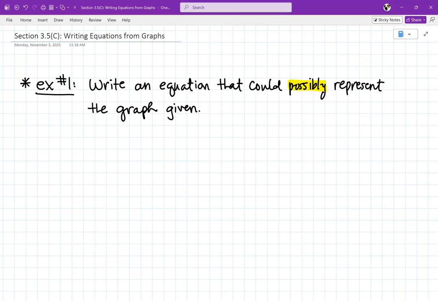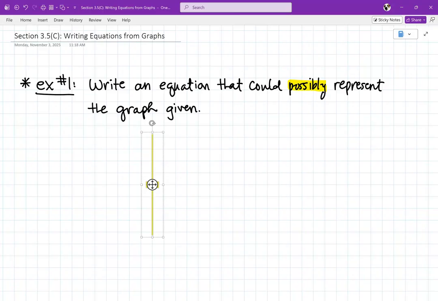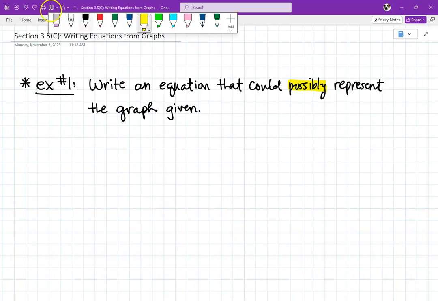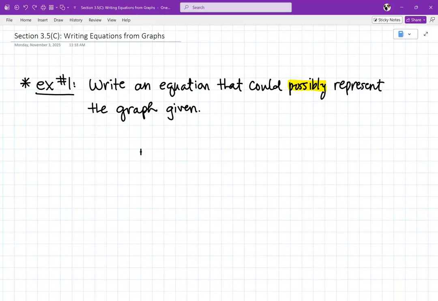So we're saying write an equation that could possibly represent the graph I'm going to give you. Now, the graph I'm going to give you doesn't have to look perfectly identical to mine, but I want to make sure that there's a couple places that you do get correct. Okay. So I'm going to do this really quick.